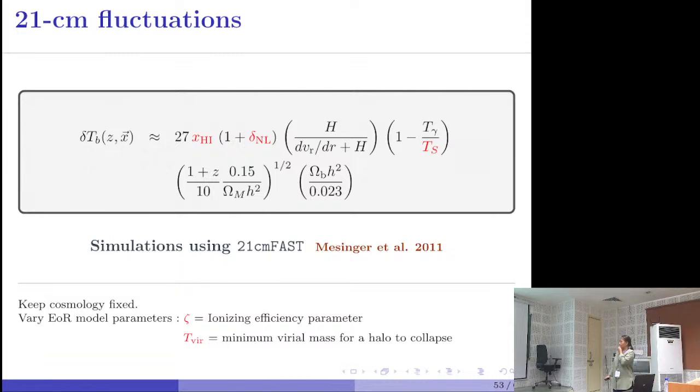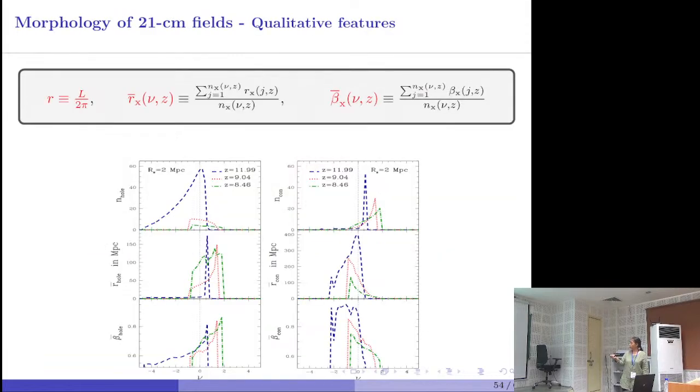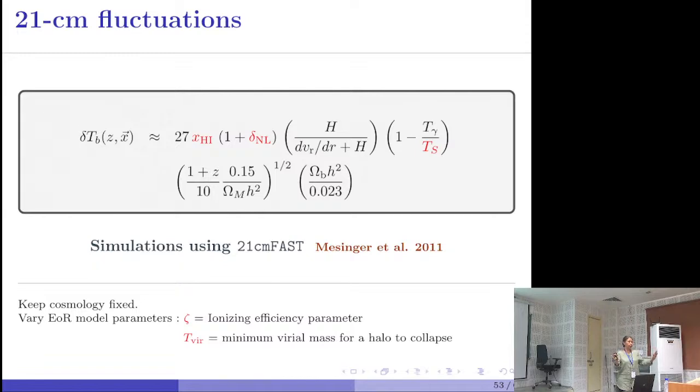Okay, so let us keep the cosmology fixed. That means I fix all the omega parameters and so on. All these parameters are kept fixed, and we will vary only the reionization parameters. That also is simply a toy model. So I am going to vary only two parameters.